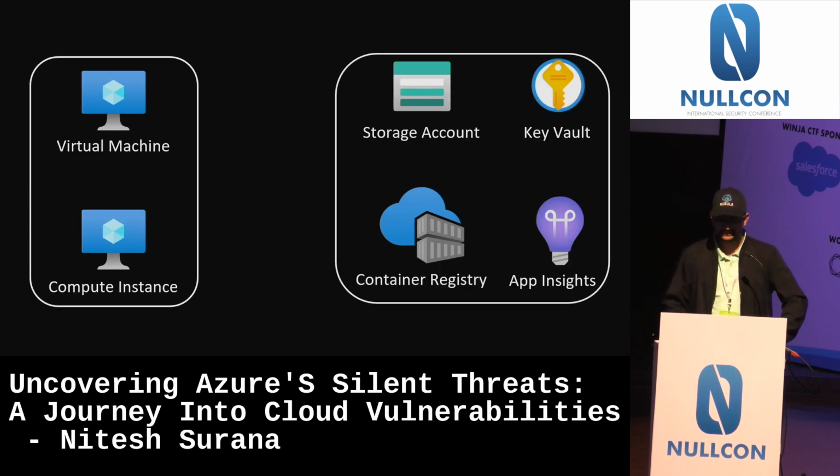Okay, so let's say we have a virtual machine and a compute instance, and we want these Azure resources to access certain other services. One of the ways is to hardcode the credentials, but credentials in cleartext are bad, and that's not a recommended way from Microsoft as well, so that's a good thing. Microsoft recommends using something called a managed identity.